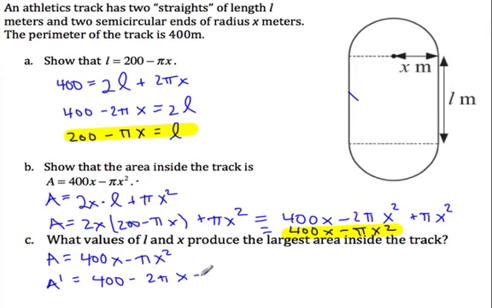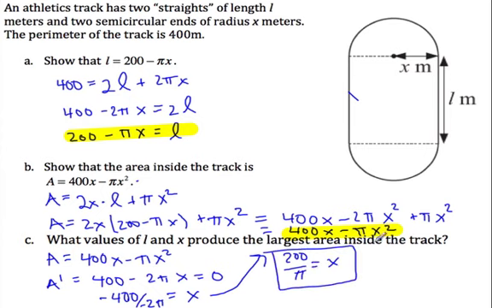I need to know when this is a maximum, so set this equal to 0. So minus 400 divided by minus 2 pi is equal to x. So that's 200 over pi equals x. There's our x value. Let's plug that in and find out what L should be.